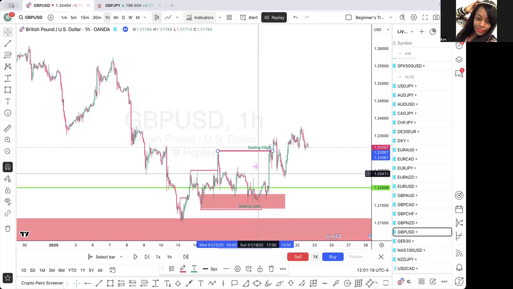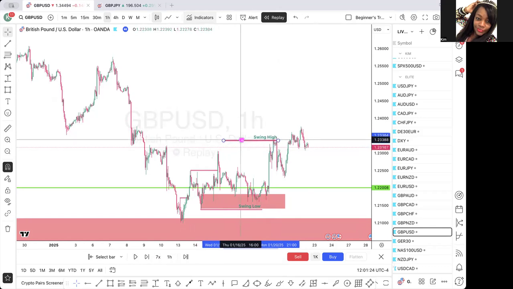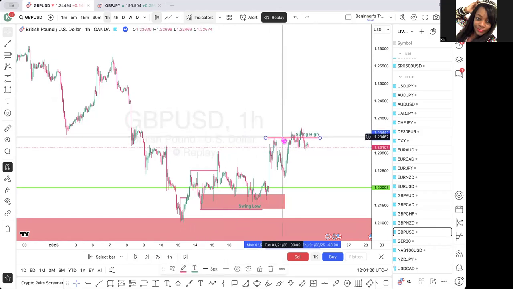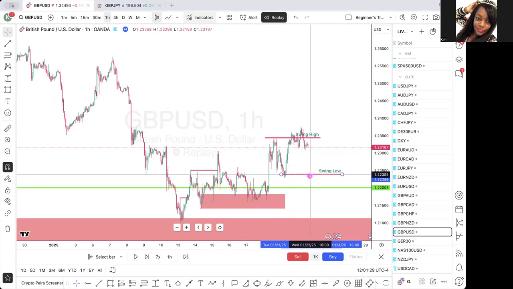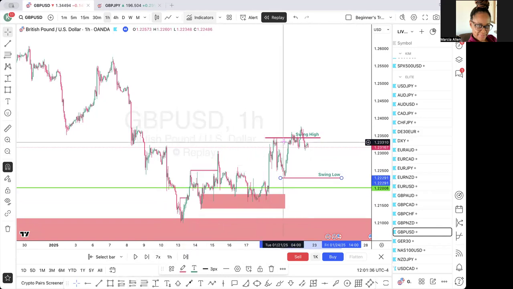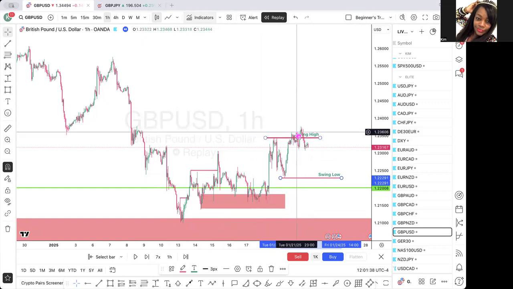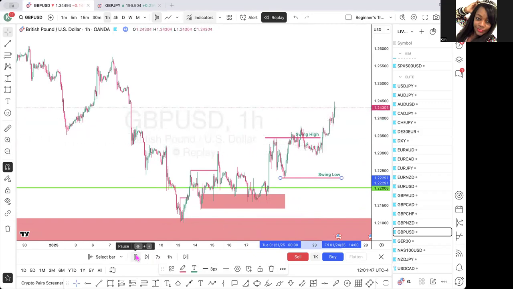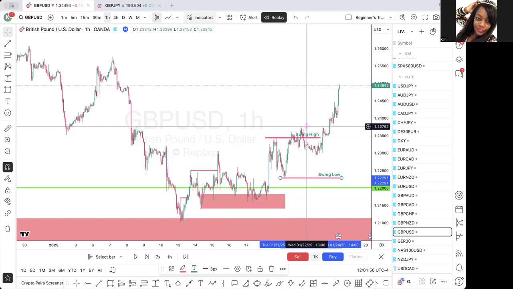Because now, as structure is breaking, now this is the swing high, and this is your swing low. Price broke that structure, but I'm gonna let it play out. So now you've got this break of structure, right?